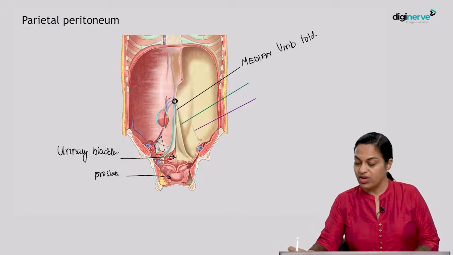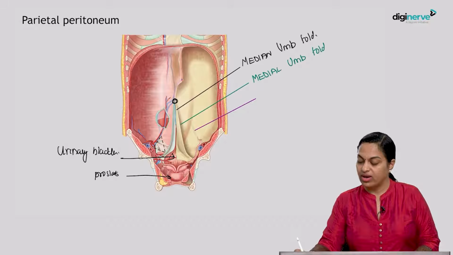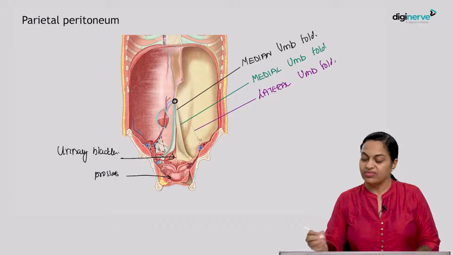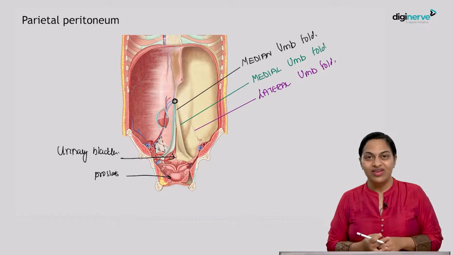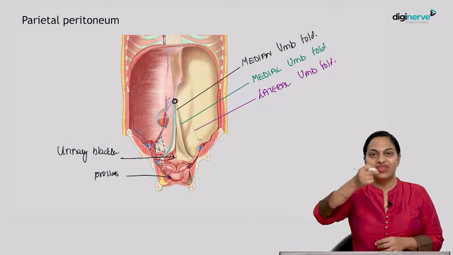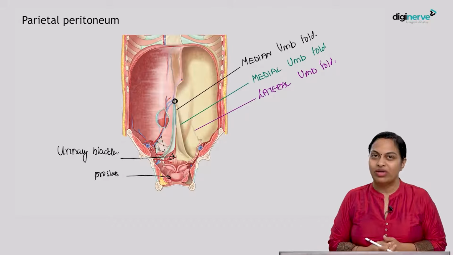And just next to it, this is the medial umbilical fold, and just lateral to it, this is the lateral umbilical fold. Okay, so these folds are covering something that lies within it in the extraperitoneal tissue.